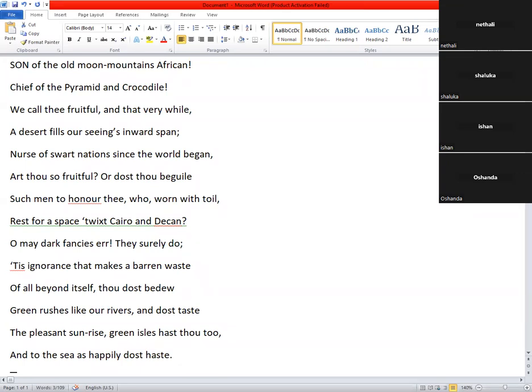Correct. 14 lines, Ishan. There are 14 lines in a sonnet. A sonnet is some kind of address or some kind of appreciation done to a certain person or object.